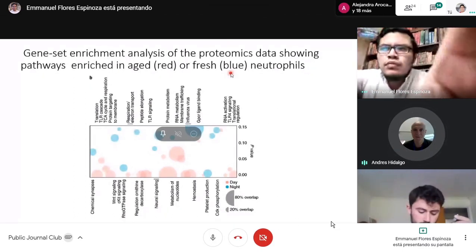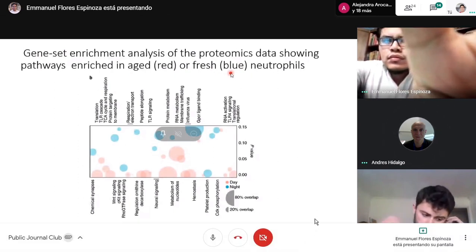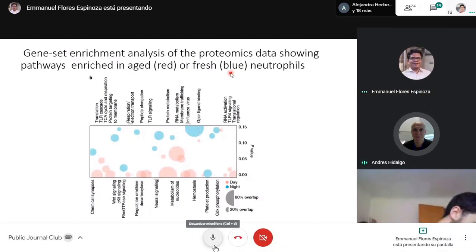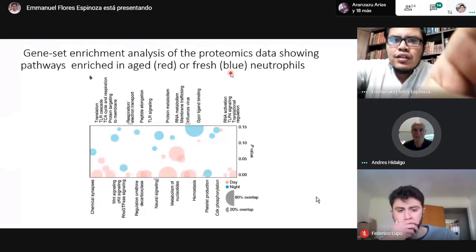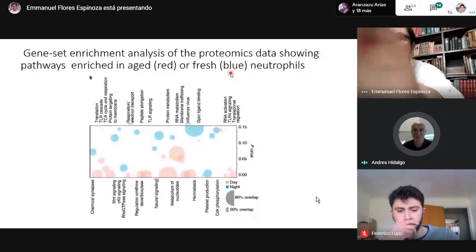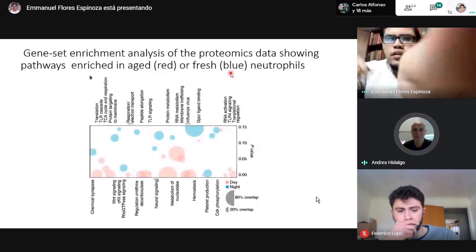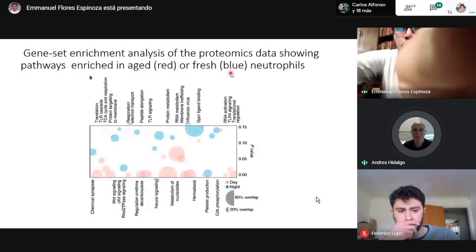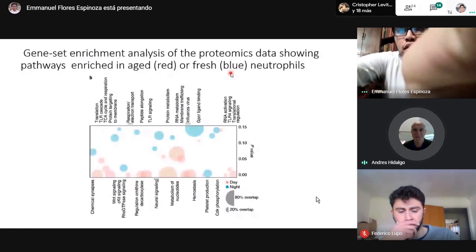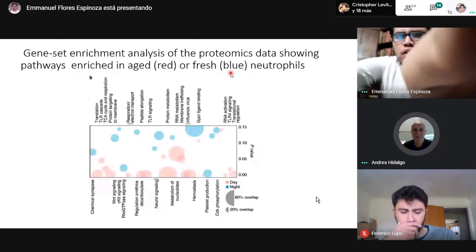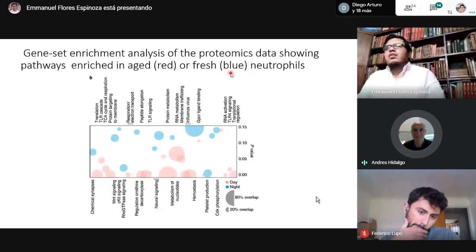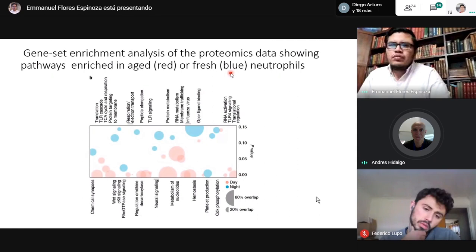So rather than the quality, what we were more interested in, and the reason why we included this figure, is that the pathways were already telling us something about the type of protein composition that the cells have. Those at nighttime have some pathways that we thought were interesting because they refer to Wnt signaling, c-KIT signaling, GTPs, things that are typical of bone marrow cells that are forming and moving actively.